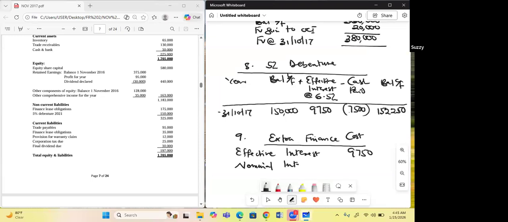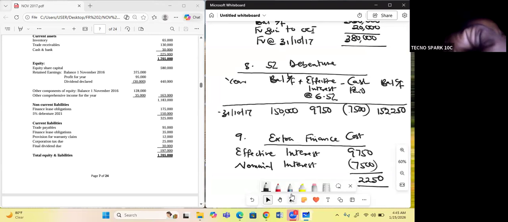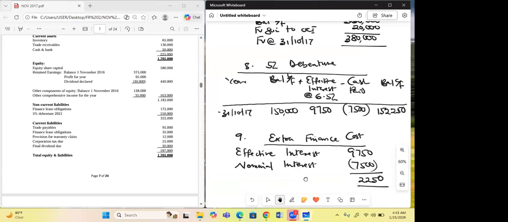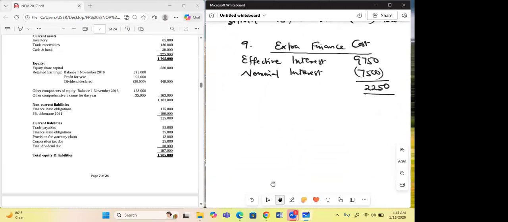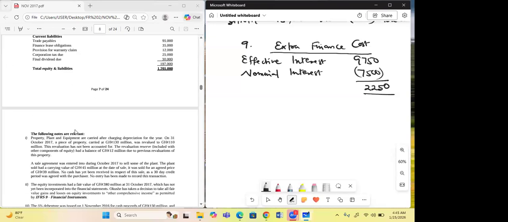The nominal interest is the cash payment, which is 7,500. When you net it off, what do you get? 2,250. Let's finish it. We'll come back.